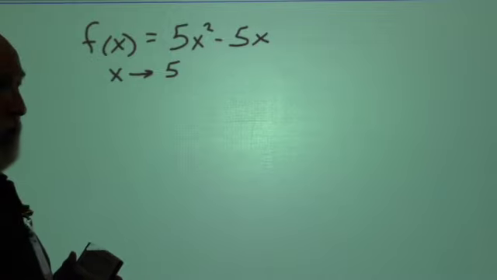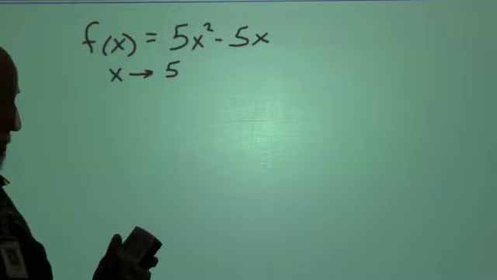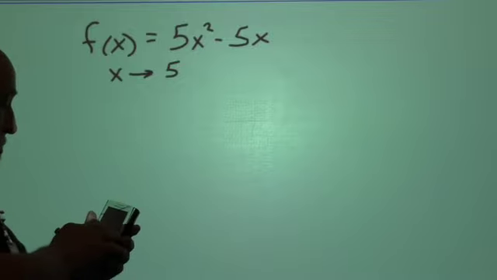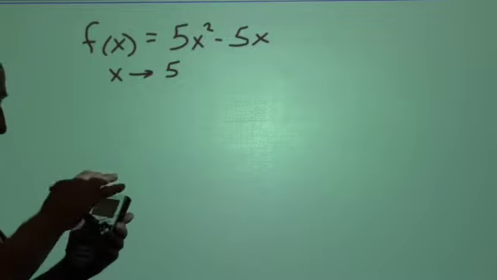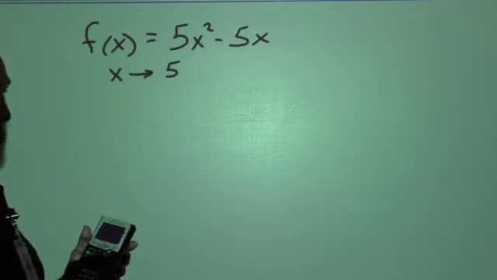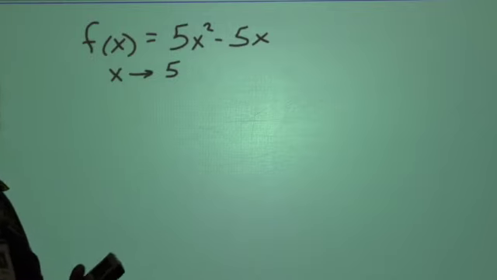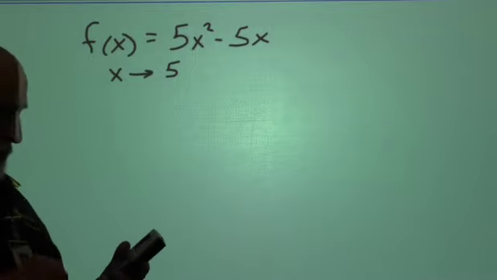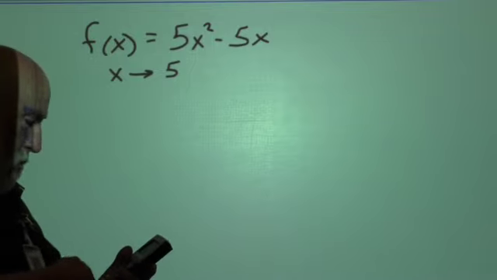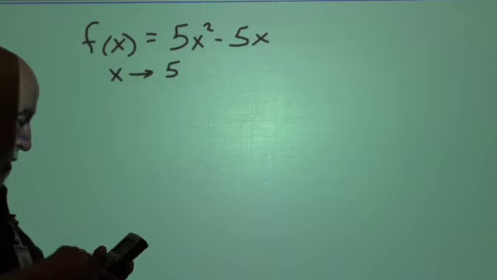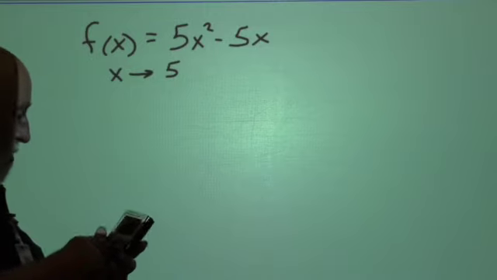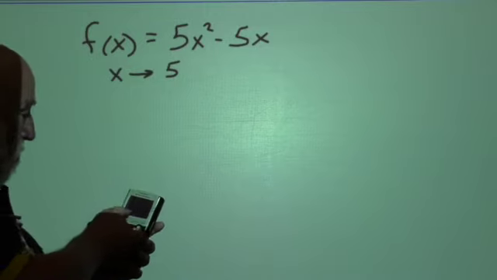Now, you might already have this in there, but what you need to do is go to Zoom, and you're going to see number 6, ZStandard. So at ZStandard, you're going to hit that.